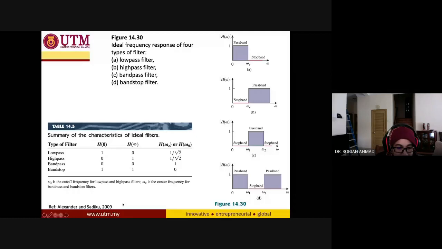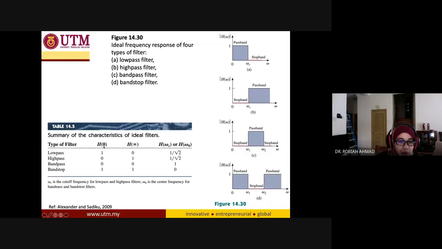Sometimes we design a filter, but we don't know if it is a low pass, high pass, band pass, or band stop. We can look at the summary here. If at the beginning your signal gain is 1, but as the omega goes to infinity it gets 0, this is actually low pass.